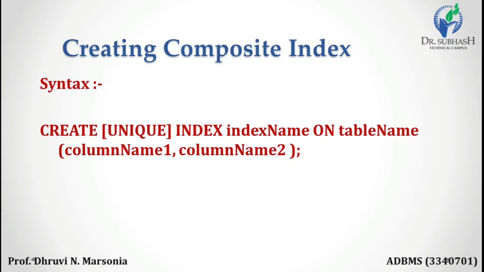Instead of one column, I have to use more than one column, column name 1 and column name 2. That means a composite index is created. Clear? I hope you understand there are 4 types of index available: composite index, unique index, simple index and duplicate index.